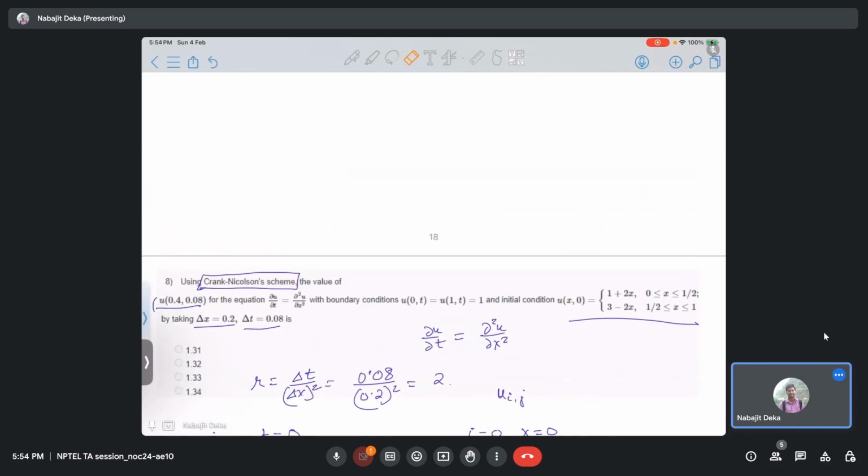The boundary conditions are u 0 comma t is 1, and u 1 comma t is also 1. Here t is represented as j.